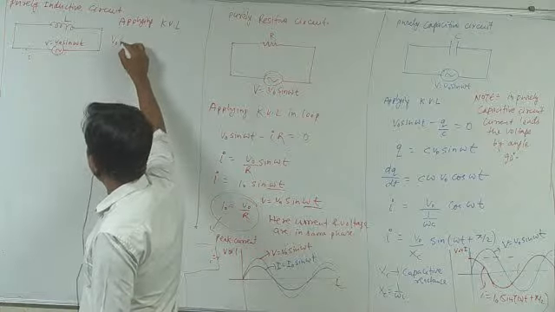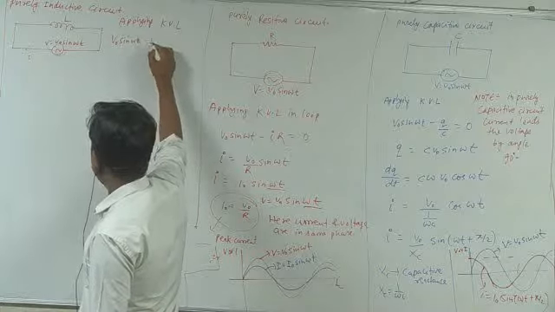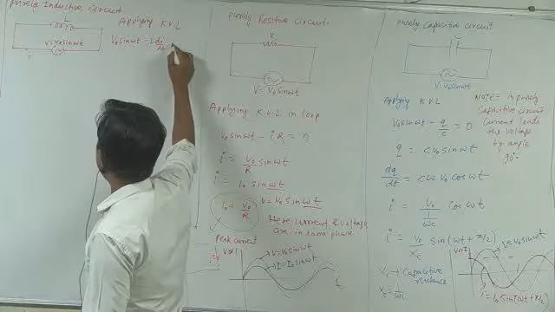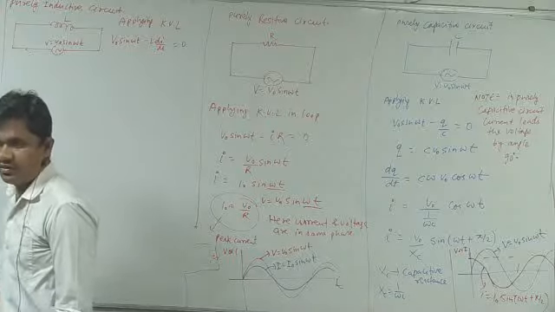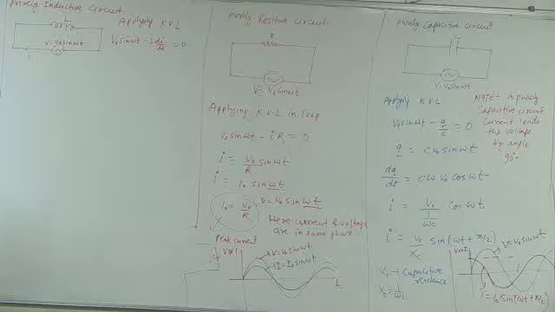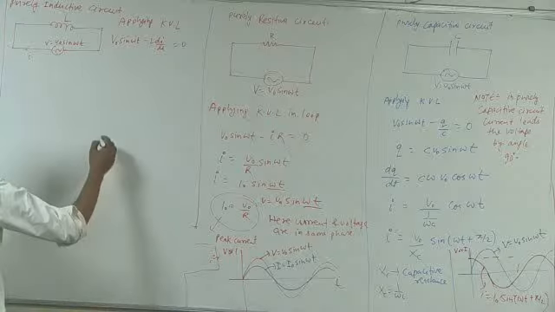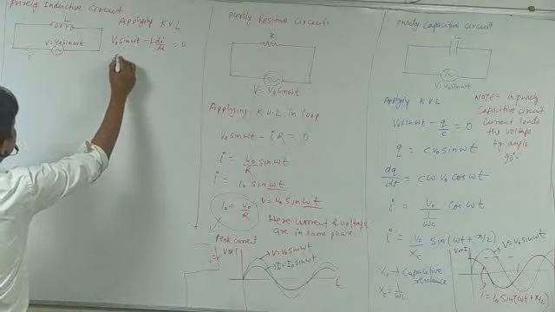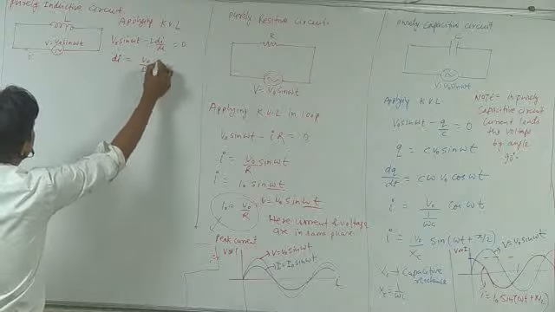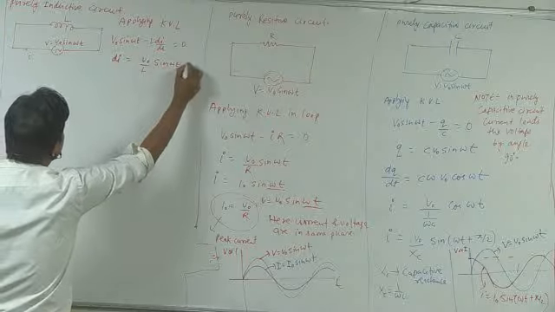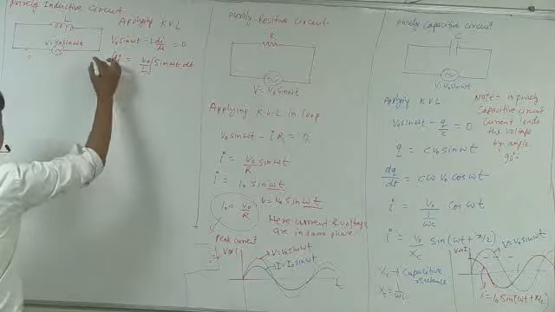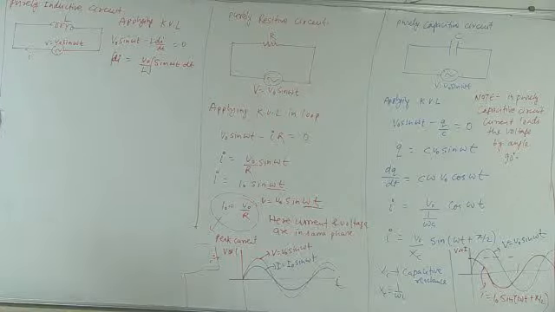V naught sine omega t minus L di by dt equals how much? 0. Yes or no? So what I will be getting here is di equals V naught by L sine omega t dt, and we will integrate it. Is that clear?